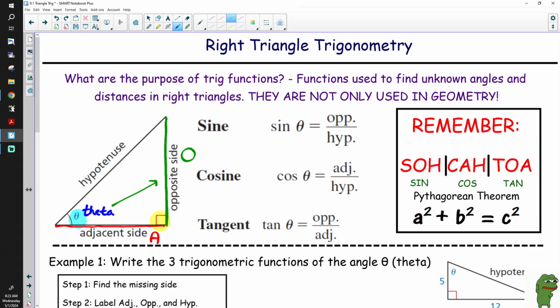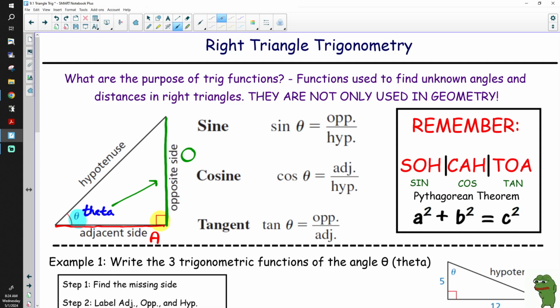Last but not least, we have our hypotenuse. The hypotenuse of a triangle is always the longest side. Sometimes it's hard to tell that it's the longest side. So another good way to know this is the hypotenuse is that it is opposite of the 90-degree angle.